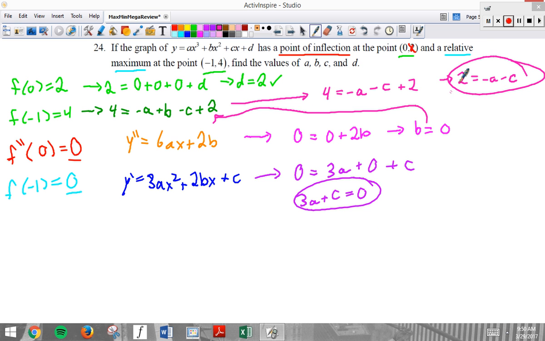Those two circled equations, I'm going to use elimination. Give me the equation 2a equals 2. A equals 1. If a equals 1, then c equals -3.